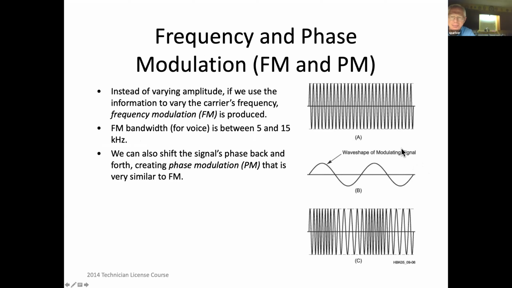And that results in the amplitude here is very large. It's at a positive amplitude. So that's going to increase the frequency in this area of the carrier. Here the amplitude is lower, so that's going to decrease the frequency in the carrier. You see that decrease exemplified by this wider apart sine wave down here.